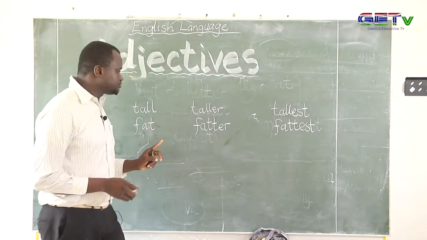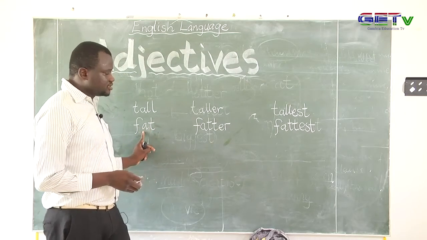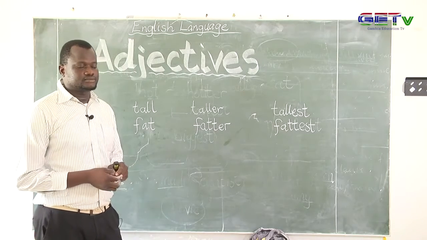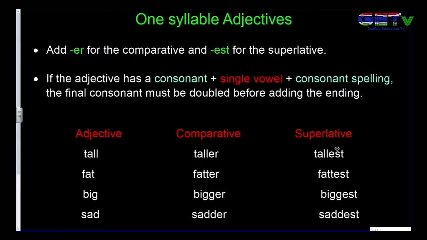And that becomes fat, fatter, fattest. We move on to the next example, which is big. The same thing. You have to double the last letter because of the consonant, single vowel, and consonant spelling. That becomes big, bigger, biggest.